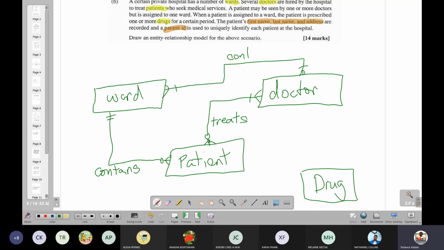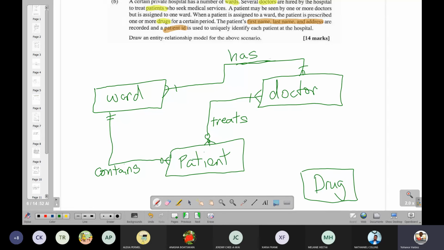So we have to put the contain here, contains, right? Or I don't like to use the same word twice. Some database people look down on that. So let's not use contains again, right? But we can say has or something.